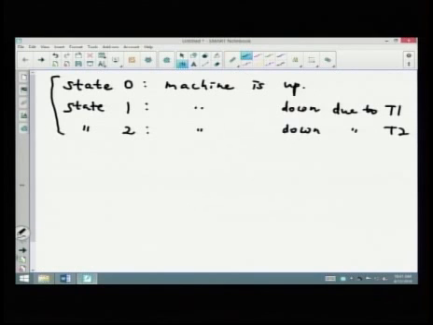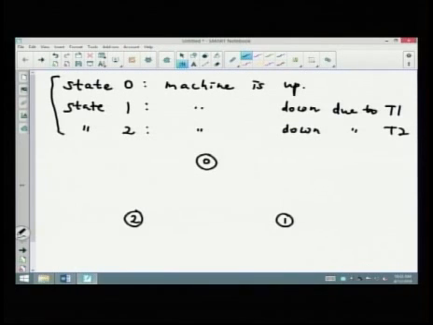So, did you do it? Okay, let's draw the transition diagram here. We're going to have 0, then 1 down here, and 2 down here. According to the problem description, each time a machine is repaired, it remains up for an exponentially distributed time with rate lambda, then fails.